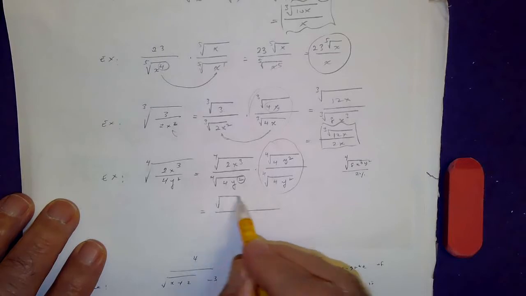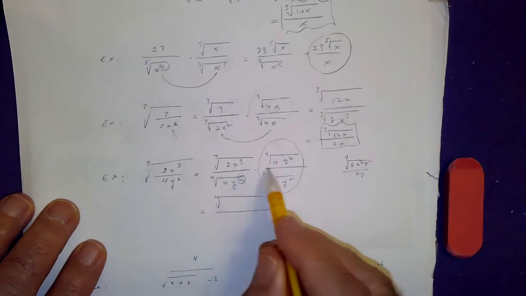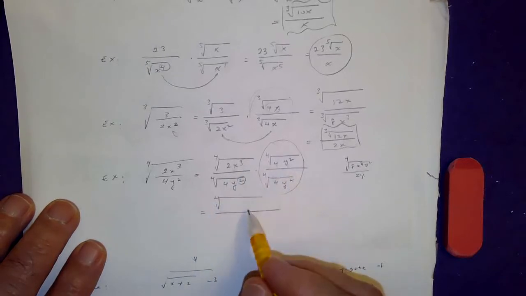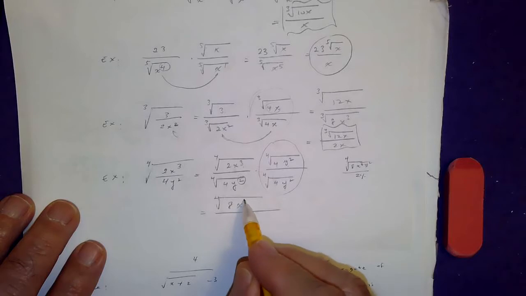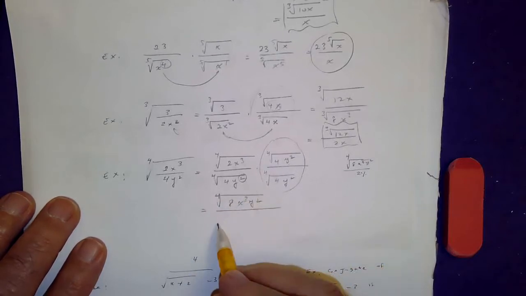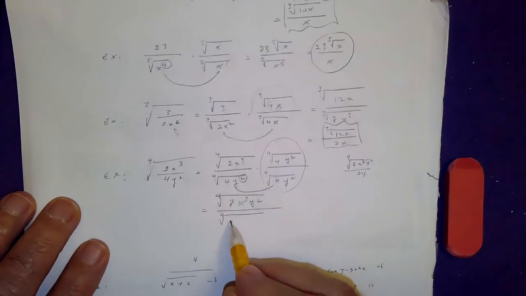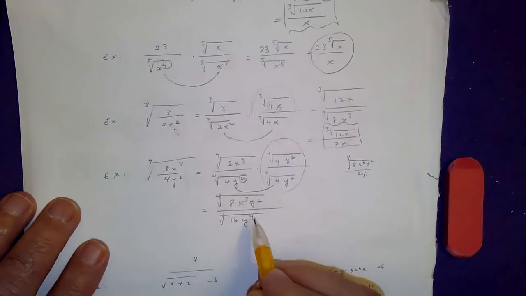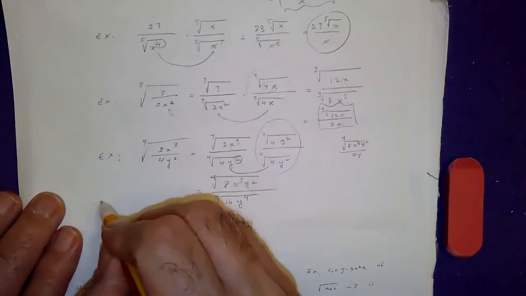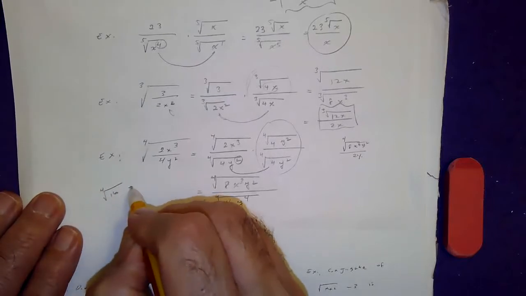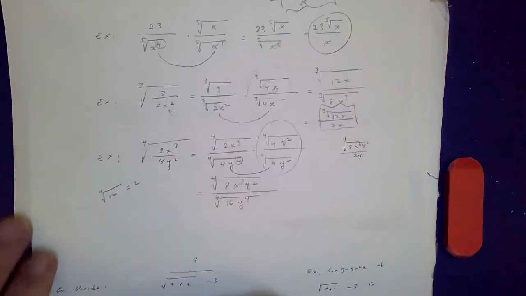So now the problem changes into the 4th root of 2x cubed times 4y squared, which is 8x cubed y squared. Is that right? Over the 4th root of 4y squared times 4y squared, which is 16y to the 4th. But remember, the 4th root of 16 is 2. Why?